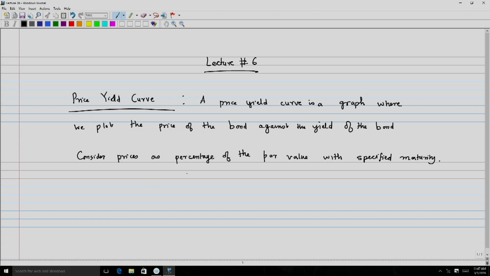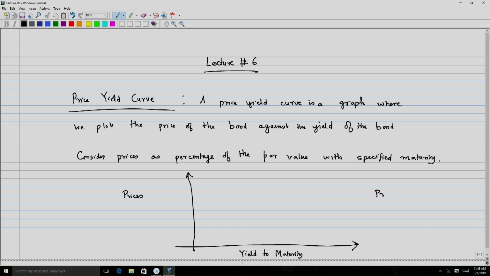So, a price yield curve typically will look something like this. On the y axis we will consider the prices as percentage of par value, and on the x axis we will look at the yield to maturity.